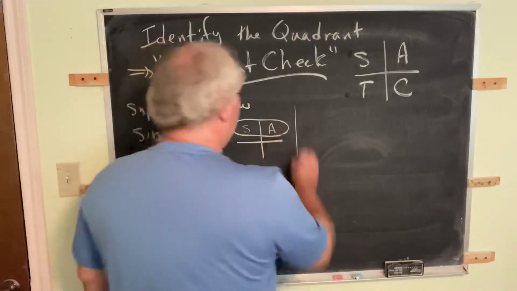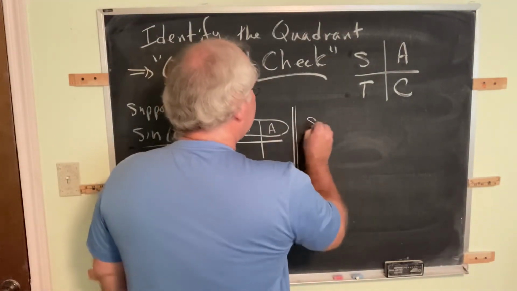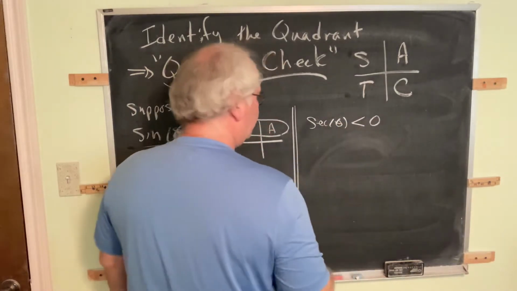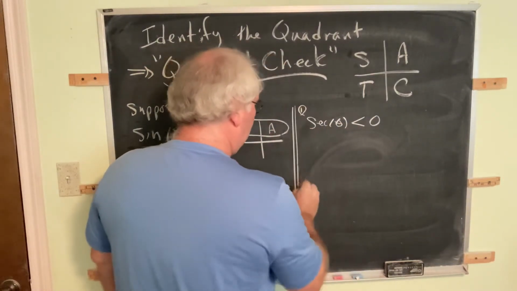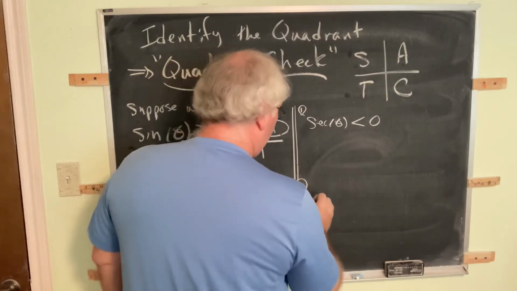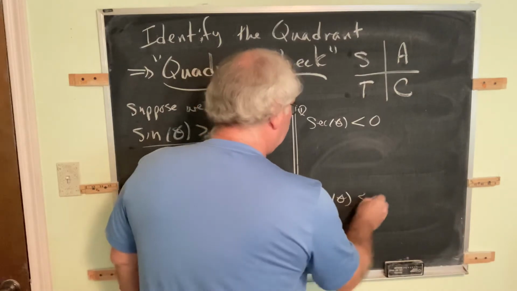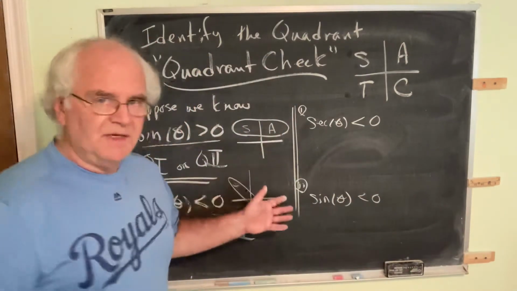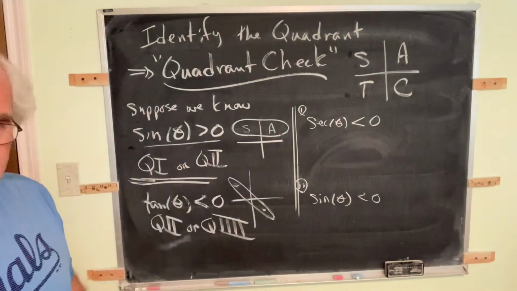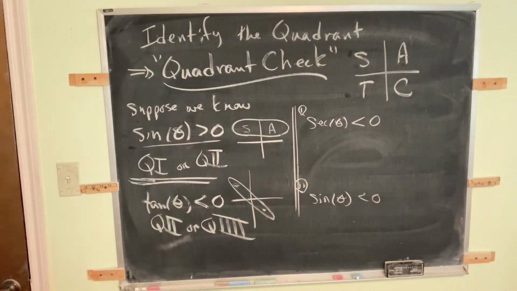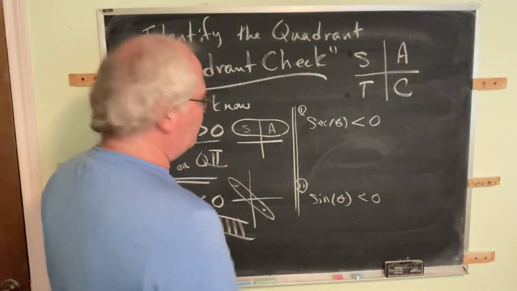So let's do a couple more here. Suppose we know secant of theta is less than 0. Here's number 1 we'll have you do. And number 2, sine of theta is less than 0. Maybe pause the video and see if you can work out these quadrants, and then we'll come back and check. Okay, let's see if I can match up your work.